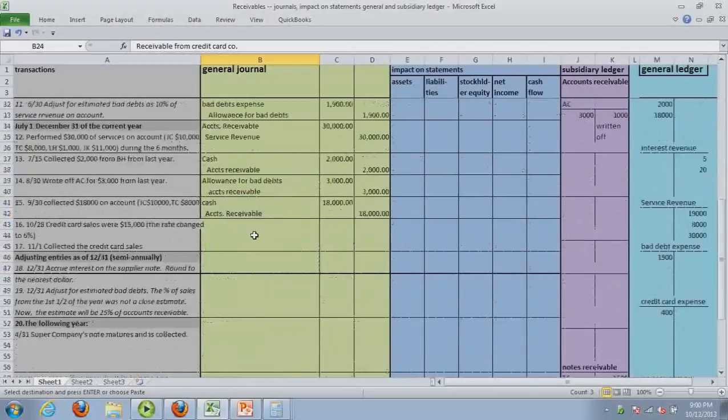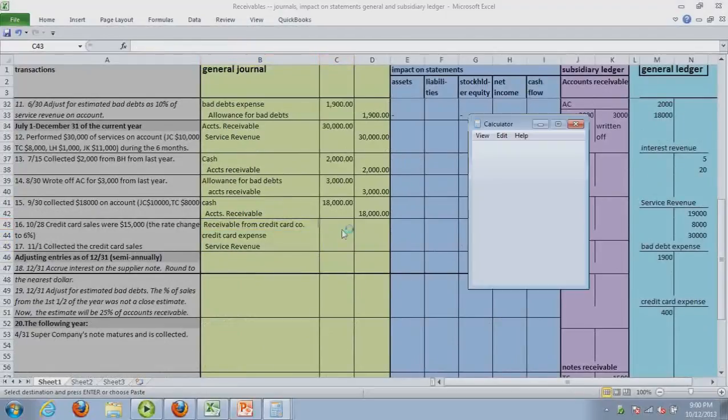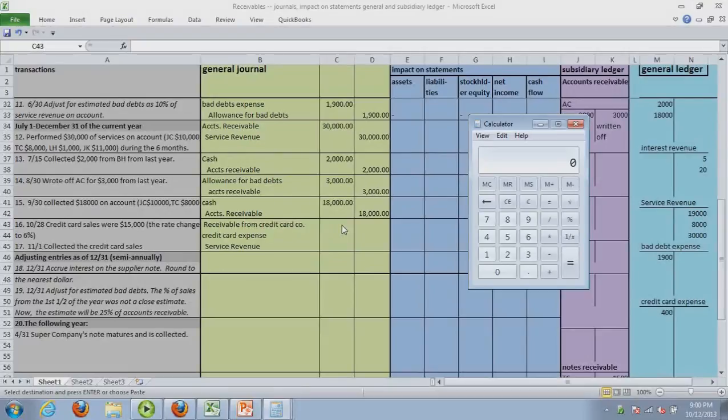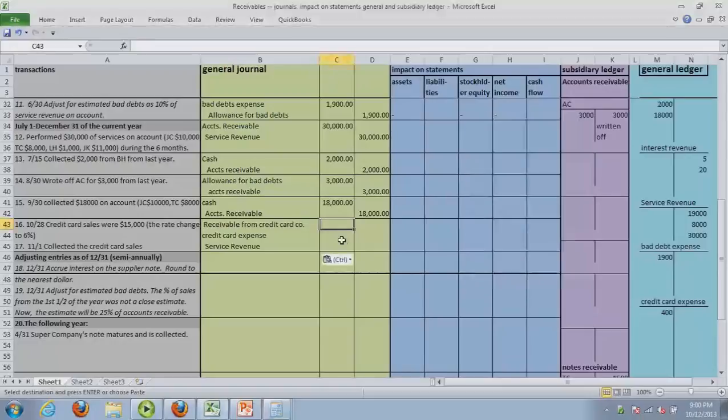I come over here and just simply stick those titles in because they're the same titles, and we'll do the math. $15,000 of credit cards, and the rate for these changed to 6%. Okay, things always go up, don't they? So we've got $900 here.